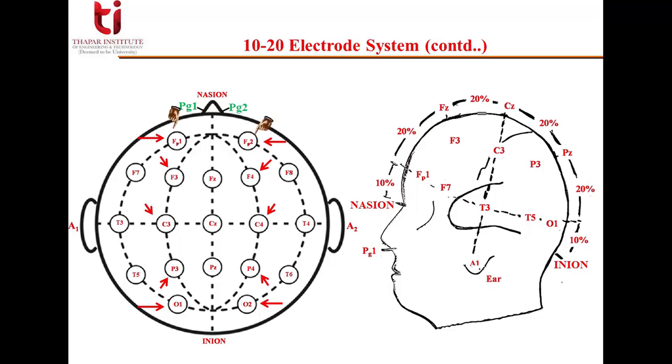Front point means FP1, FP2 and back point means O1 and O2. Similarly, if measured side to side, that is F7, F3, FZ, F4, F8 and T5, P3, PZ, P4, T6, they can be 25% up from the side points, that are F7, F8 and T5, T6.